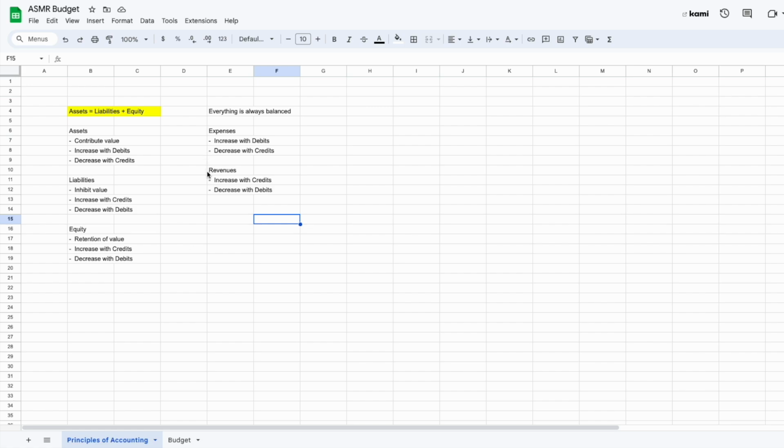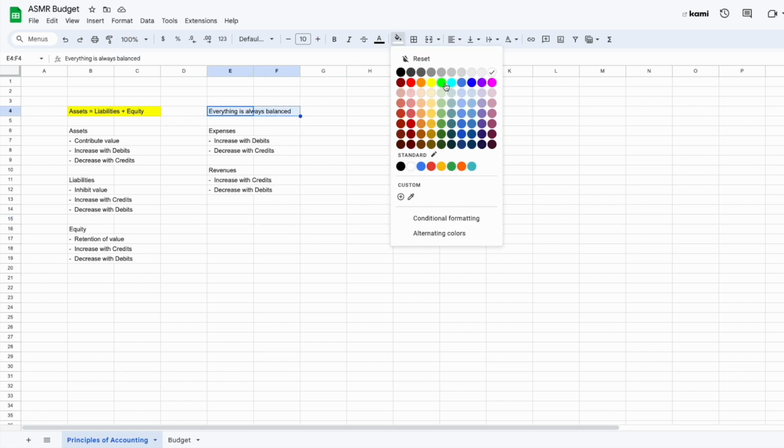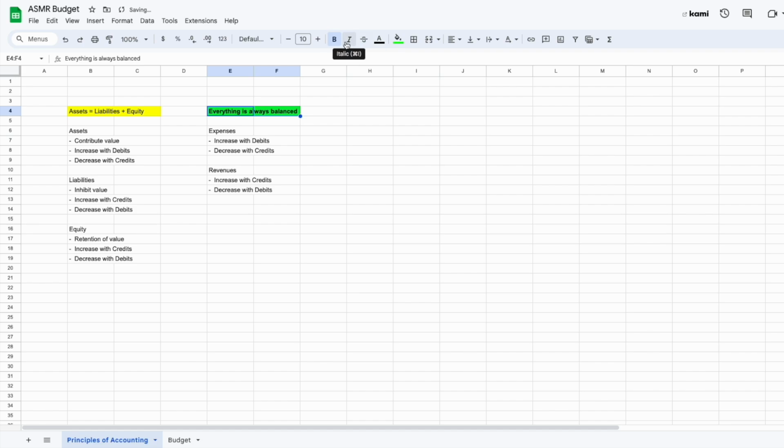Revenues are the opposite. They'll increase with credits and decrease with debits. The most important thing to know, as with any equation, is that everything is always balanced. So with this in mind, let's work on our budget.